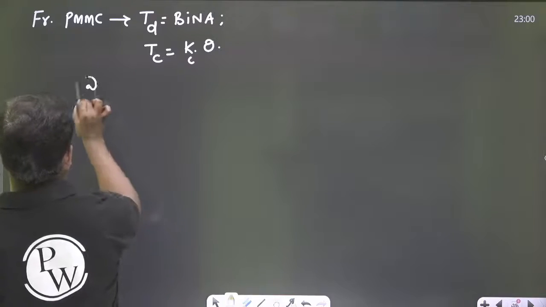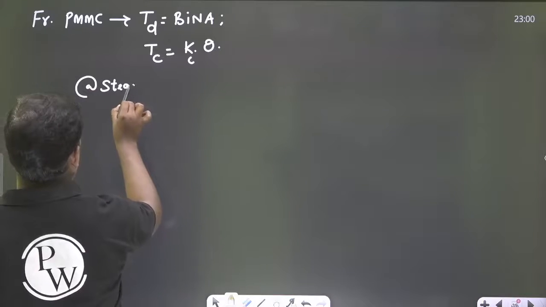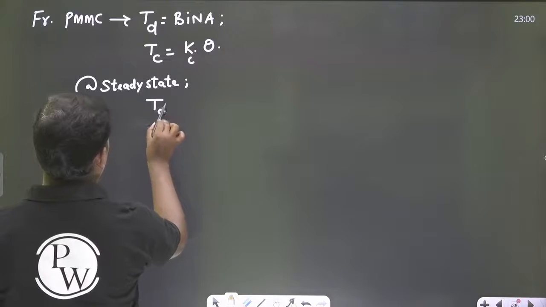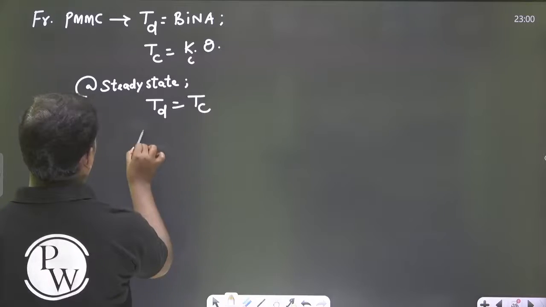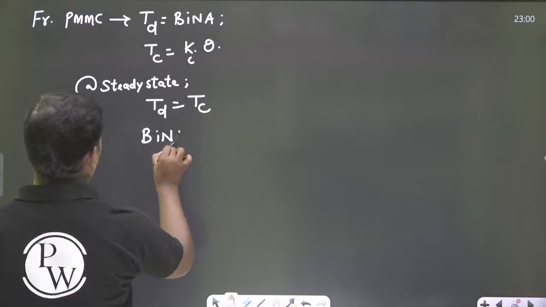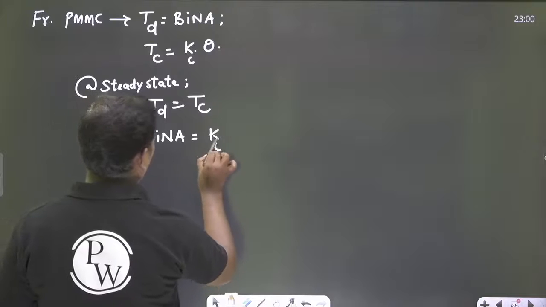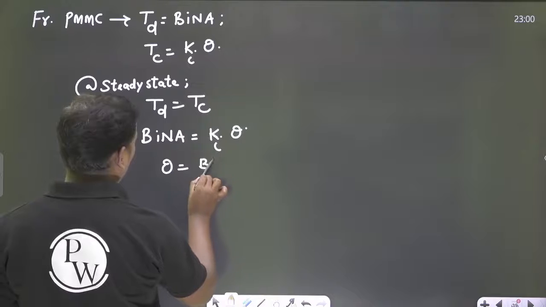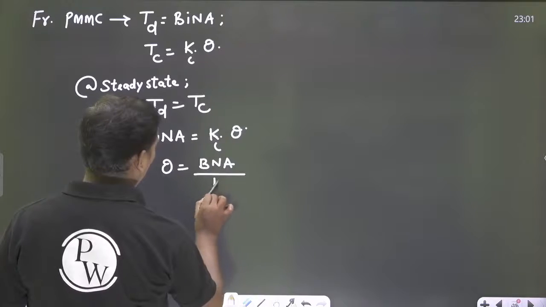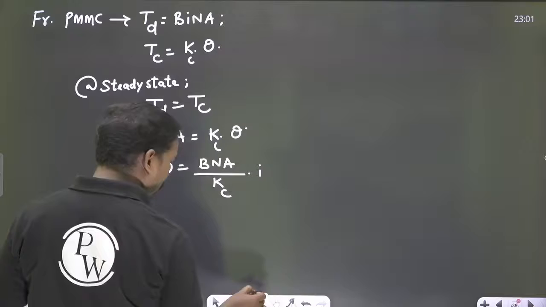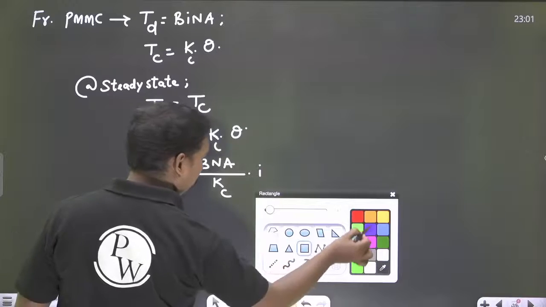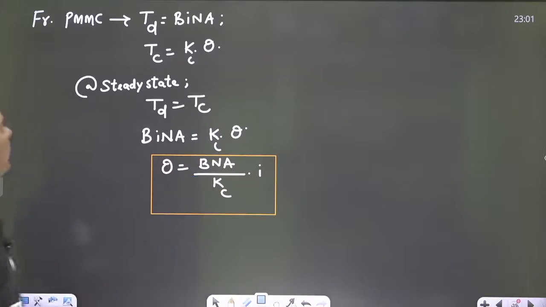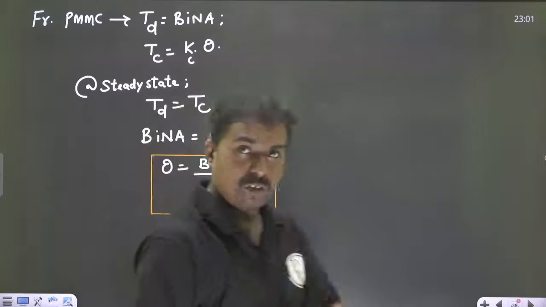So at steady state, deflection torque is equal to controlling torque. So BINA is equal to Kc theta. So theta is equal to BNA by Kc into I. So this is the expression for PMMC.